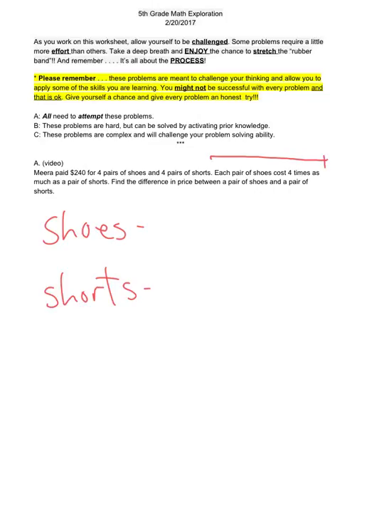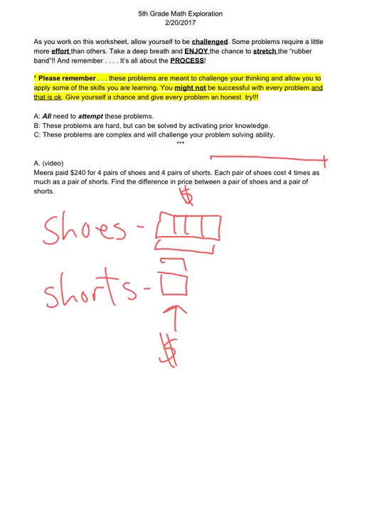So that's telling me that if I have one pair of shorts, and that represents the cost of that one pair of shorts, I know that one pair of shoes is going to be 4 times more expensive. So that is one pair of shoes right there. That's one pair of shorts.